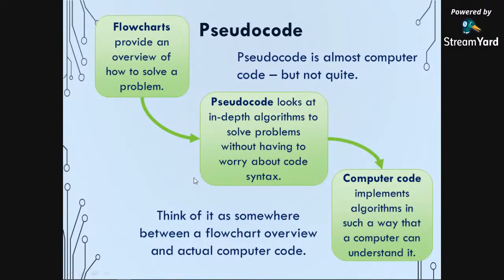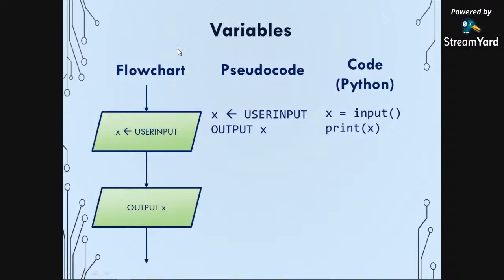Okay, so I'm going to give you some examples of some of the basic ideas that we have in Python and in pseudocode and in flowcharts, and just talk about the differences between them. So we've got variables, creating a variable. You're used to seeing this, where you've got x equals input, and that creates a variable and prints out that variable. In a flowchart, we'd say x becomes, with this arrow, user input.